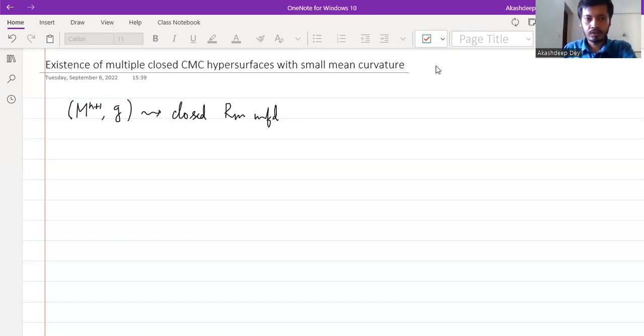And let us consider the space of closed hypersurfaces in M. On this space, we have the area functional.